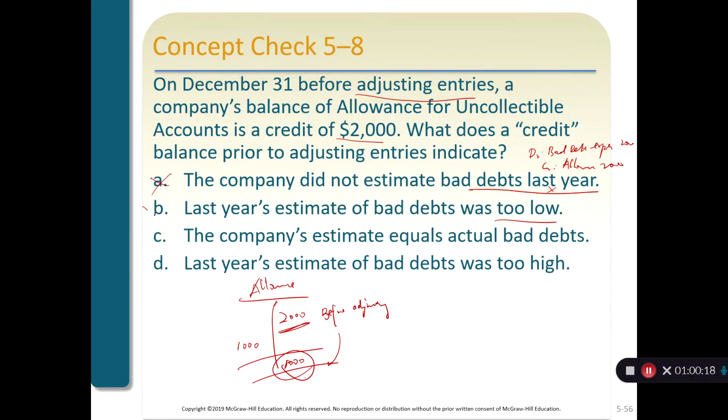Is the company's estimate equal to the actual bad debt? No, because if it were equal, you should not have a credit balance of 2,000 anymore. So last year's estimation of bad debt was too high. Okay, so I think it should be D.